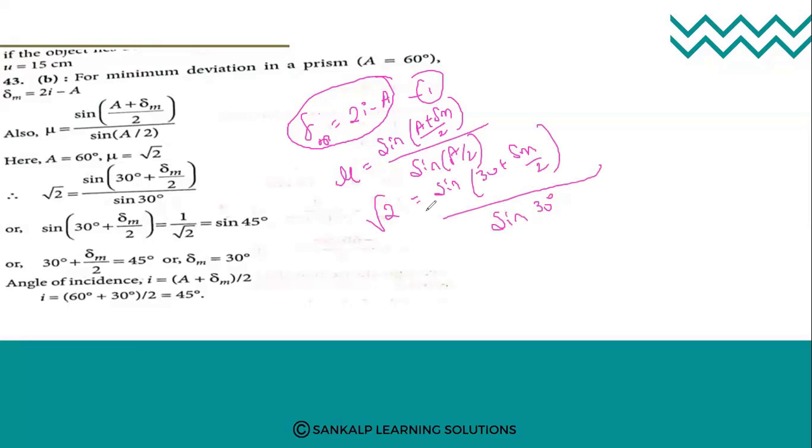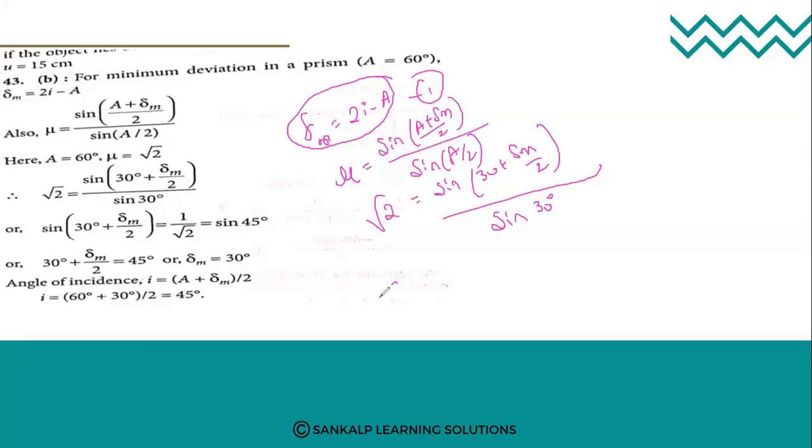So if you transfer this sine 30 here, you will get 1 divided by root 2. So 1 by root 2 is nothing but what? That is sine of 45 degree. So again, sine we can cancel on both sides. So we will get 30 plus delta M by 2 which is equal to 45 degree. So the angle of minimum deviation is equal to 30 degree.